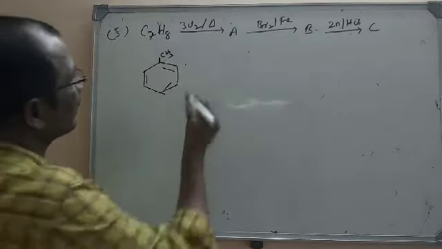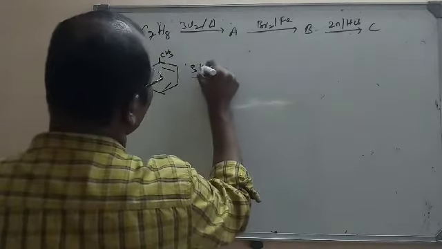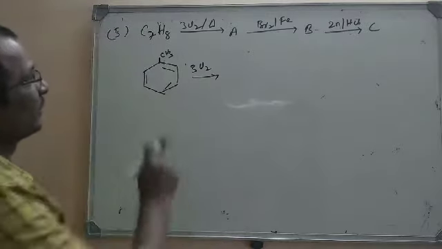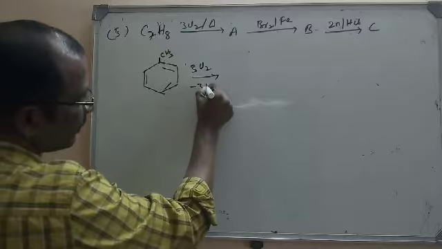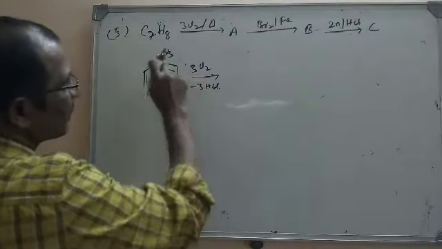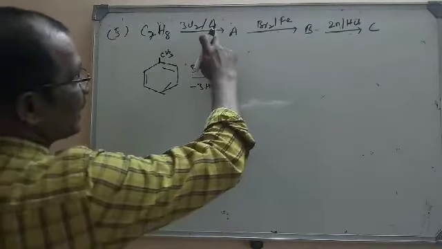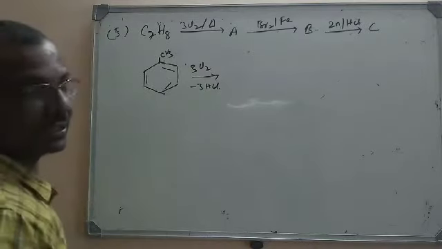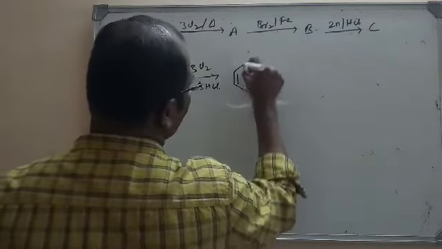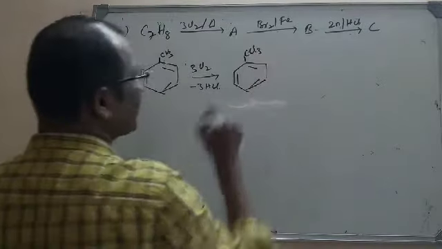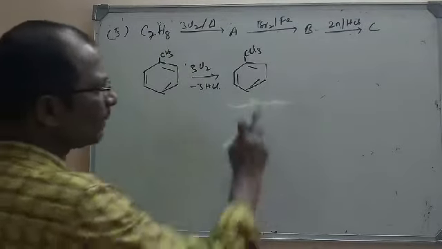See, toluene on chlorination. Here we are chlorinating. That means 3 hydrogens will react with 3 chlorines to remove 3 hydrochloric acids, and 3 chlorines will be substituted here because we are heating, so side chain substitution will take place. So what we are going to get here is CCl3, trichloromethyl benzene.